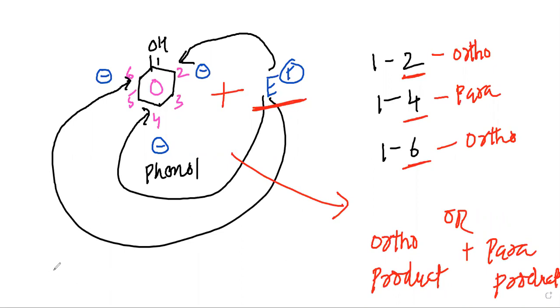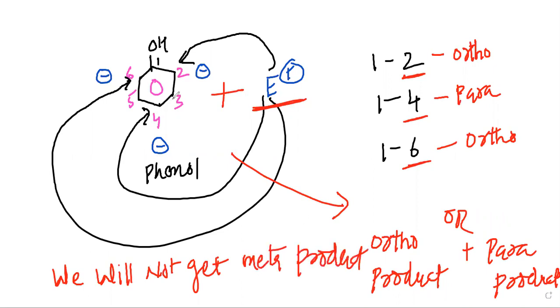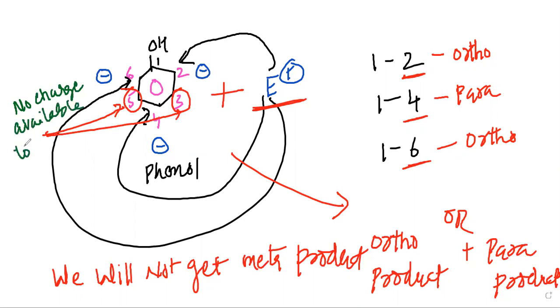Remember that we will not get the meta product, because there is no negative charge available on the third and fifth positions to attract the electrophile, that is your E plus.